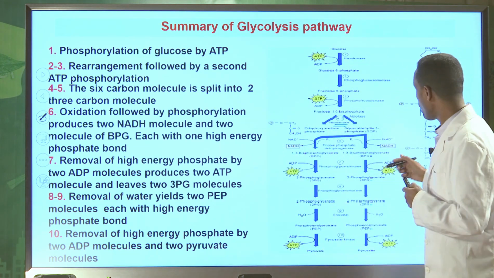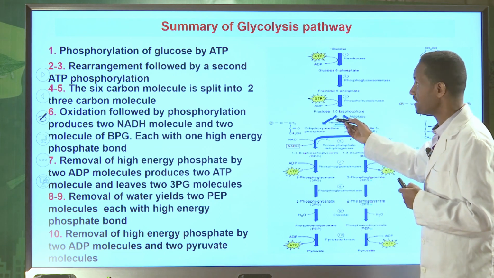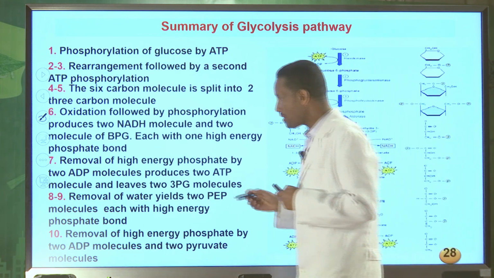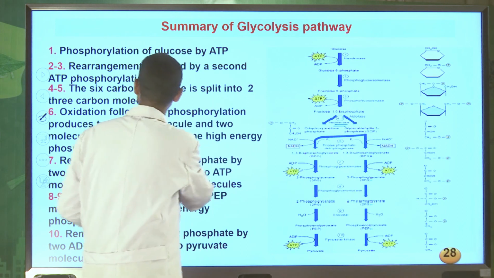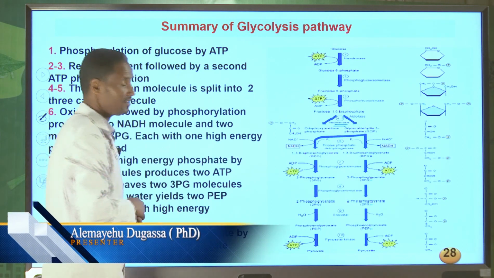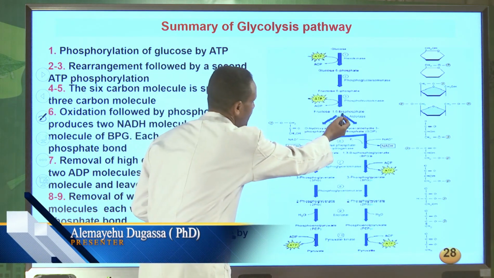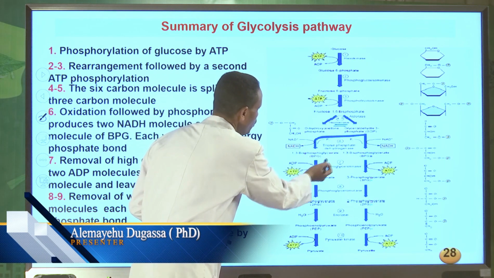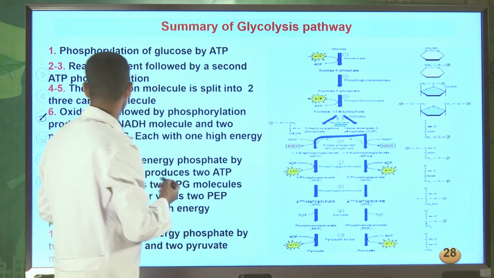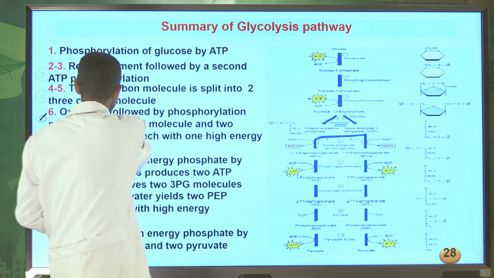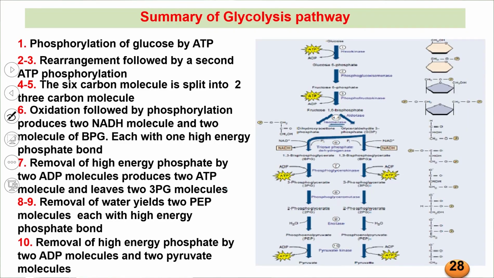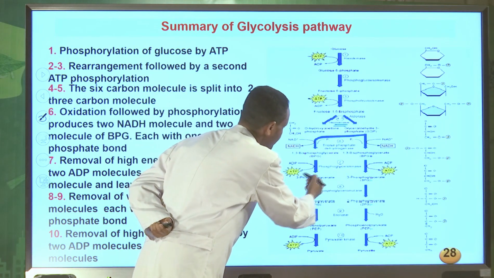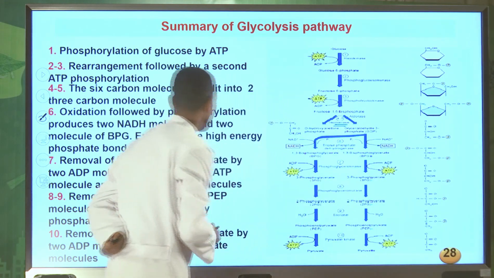In reactions 4 and 5, the 6-carbon molecule is split into two 3-carbon molecules. Reaction 6 is oxidation followed by phosphorylation. Reaction 7 is removal of high energy phosphate by 2 ADP molecules to produce 2 ATP. Here 2 ATPs are generated.